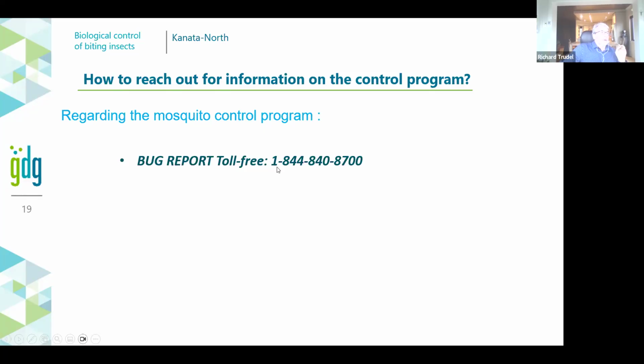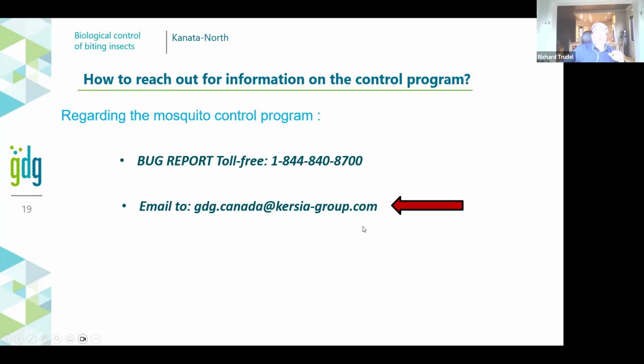For information on the mosquito control program, that's the phone number, and there is also the email of GDG Canada. You have the email here. It's the easiest way for us, because sometimes we don't always have somebody on the phone to take your call. But if you write to us, it will be easier for us to reply to you.